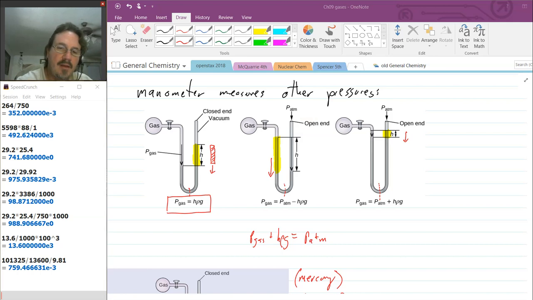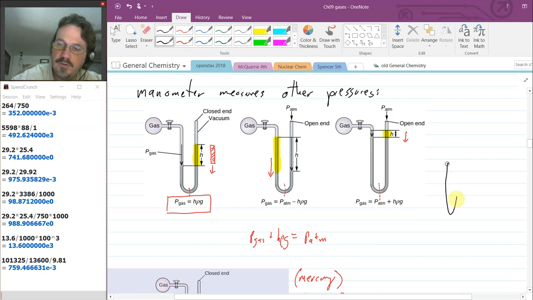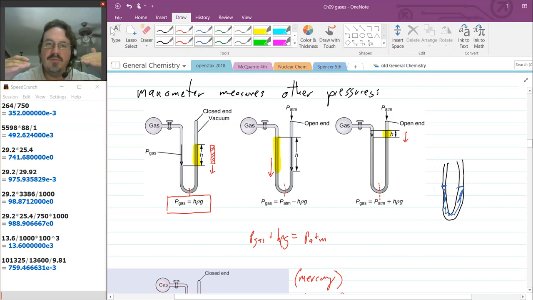If you had no extra pressure at all, then on this U portion of the tube, the mercury would just come up to the same level. It would be filling it all up. If you had no difference from the left to the right side, they would be even.